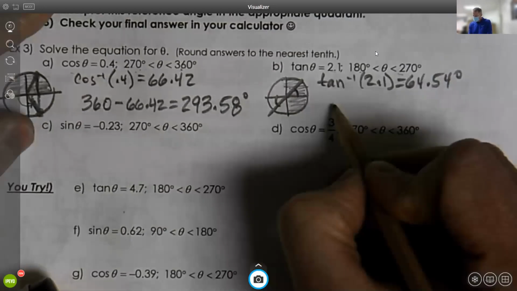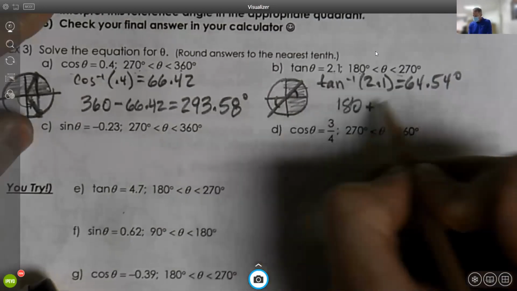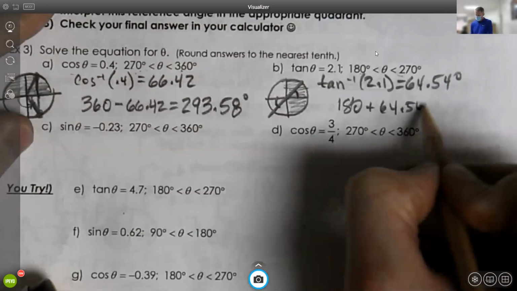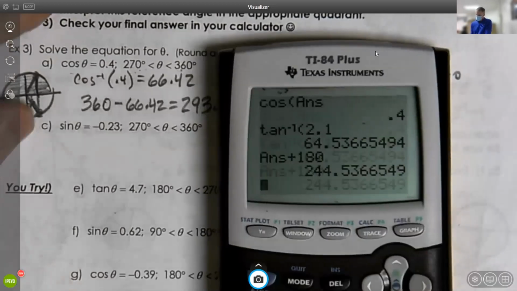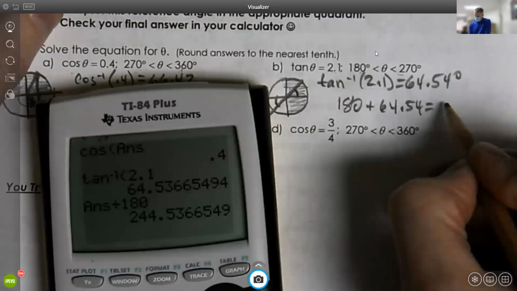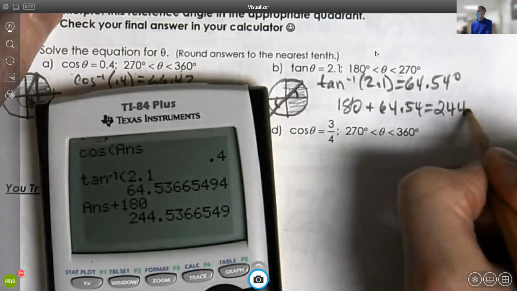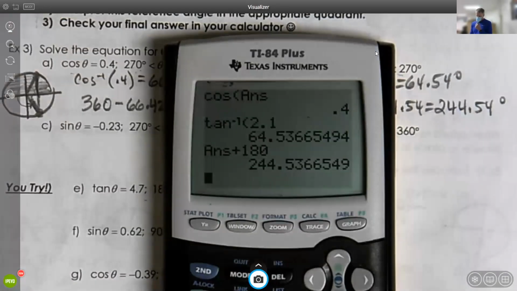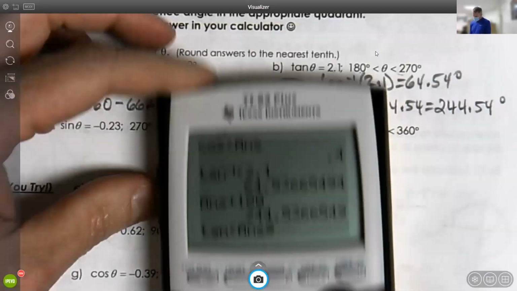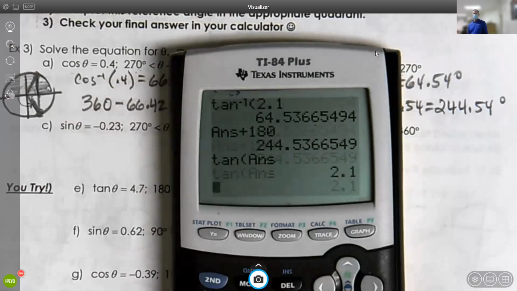So we're going to take 180 and add it to the 64.54, and we get 244.54 degrees. And you can test that answer by saying tangent of your answer, and I better get exactly 2.1. Bingo.